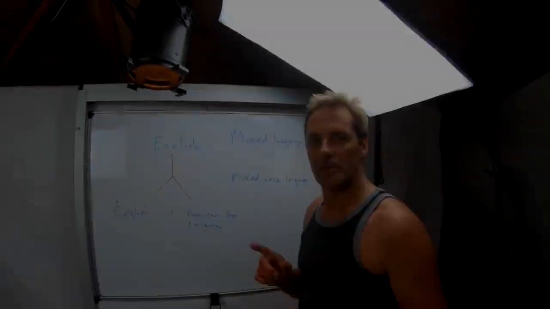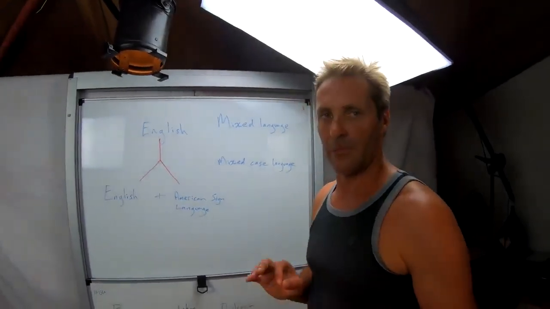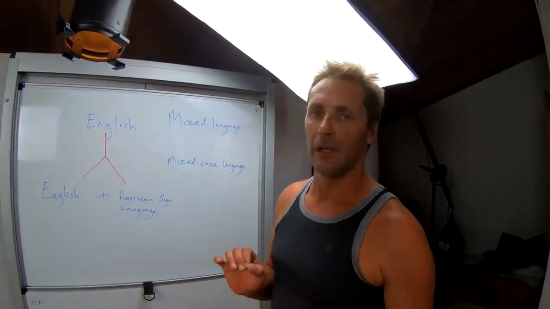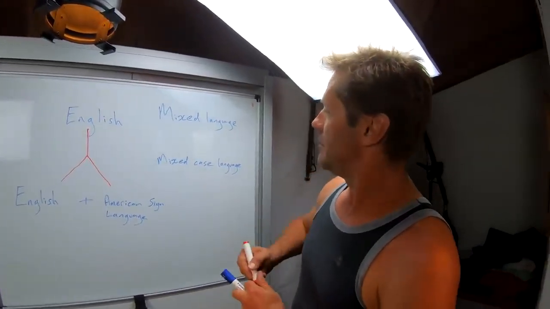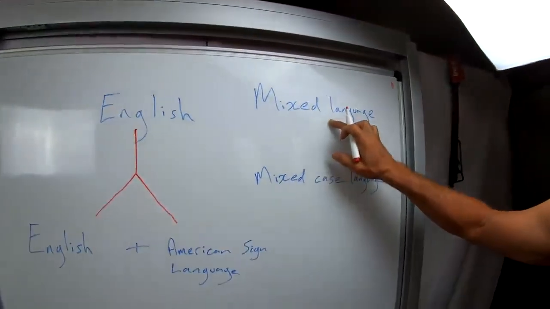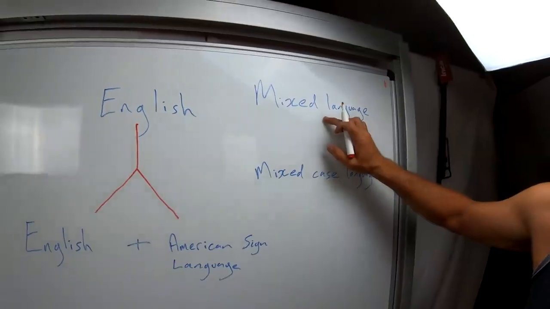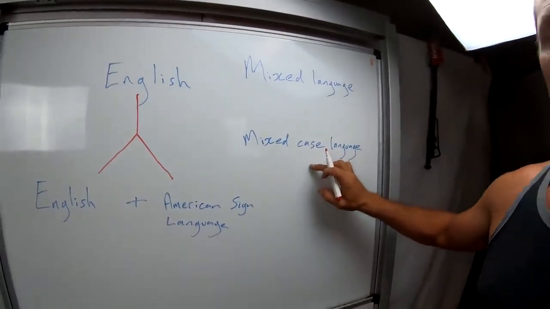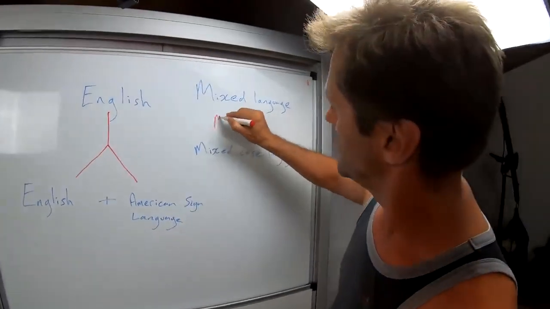Okay, so the mistake everyone's making, and this is the deception, this is the fraud, the trick that they're using. You're making the mistake of thinking that a mixed language, a combination of ASL and English, is a mixed case language. And this is where your mistake is.